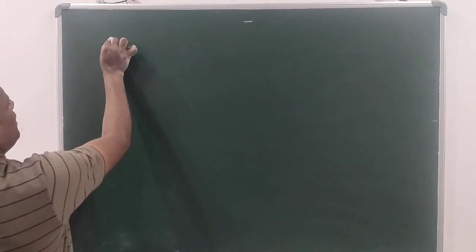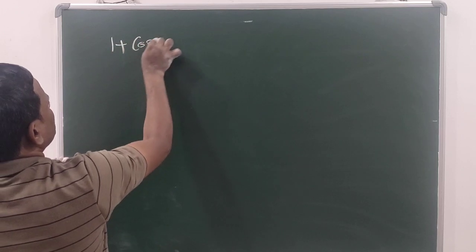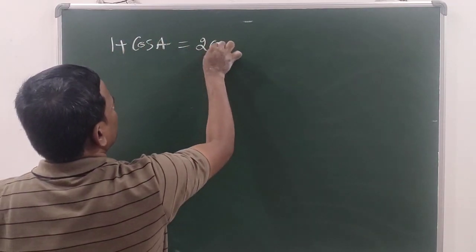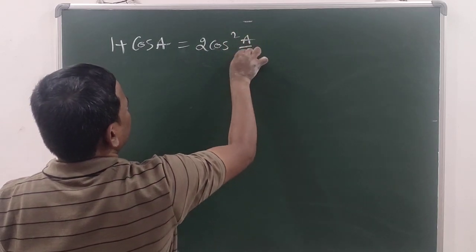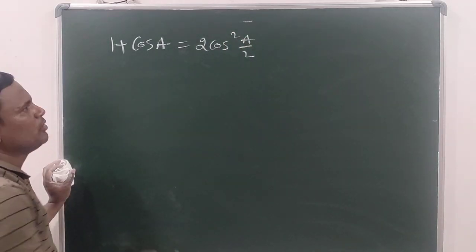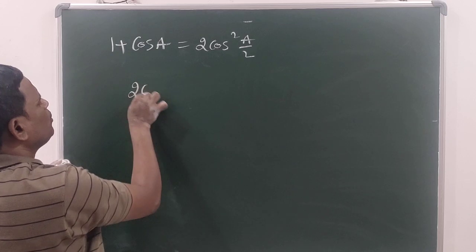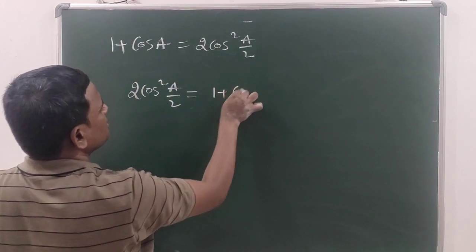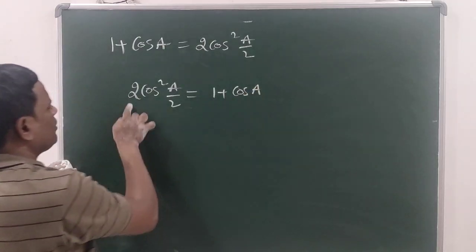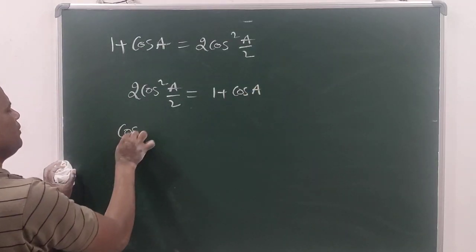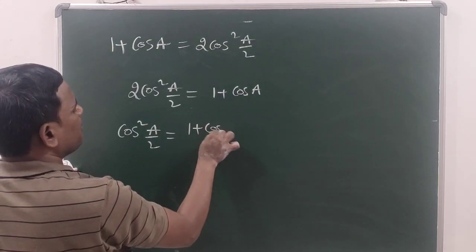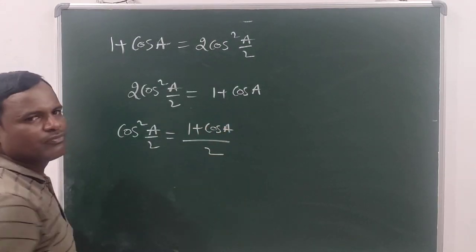See, for that I consider this submultiples formula. 1 plus cos A can be written as 2 cos square A by 2. Okay, right. Now 2 cos square A by 2 is equal to 1 plus cos A. Now transfer 2 to the right side so that you will get here cos square A by 2 is equal to 1 plus cos A by 2.